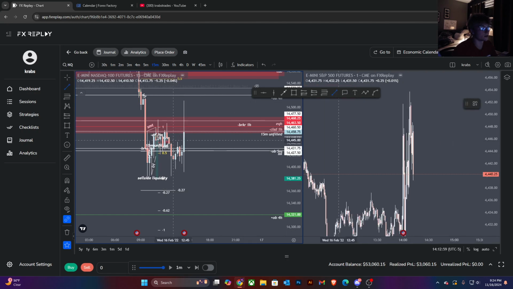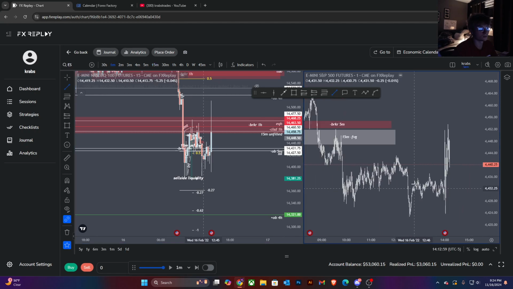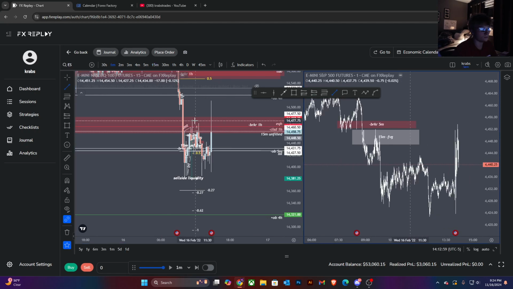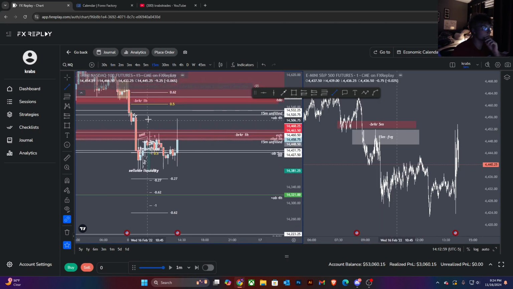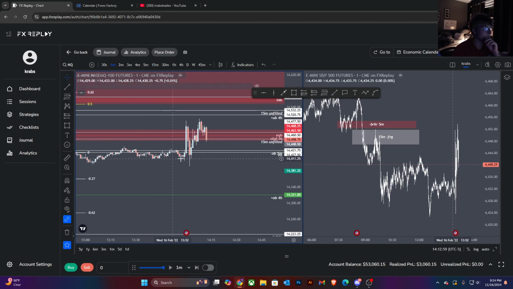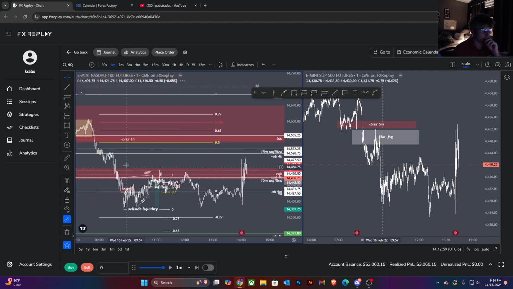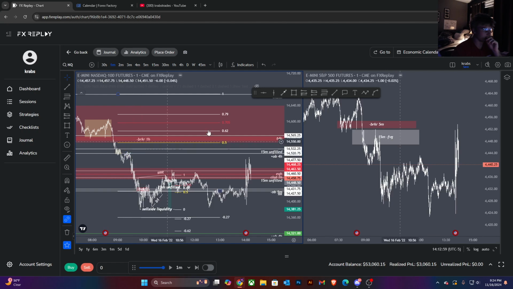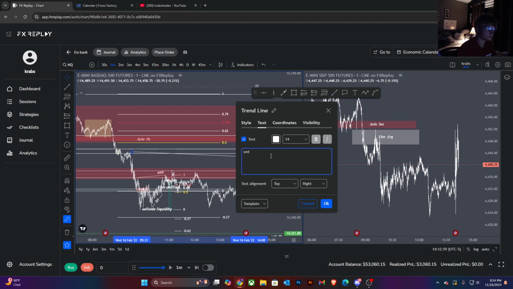Take out liquidity here. Hard time frame SMT. Intermediate term high.